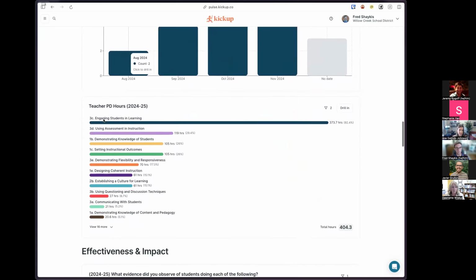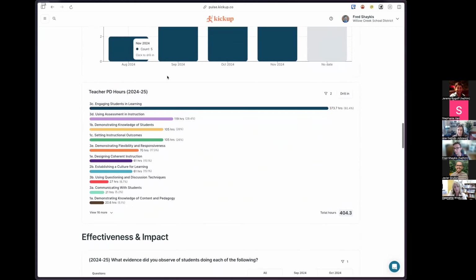And then in terms of attendance, they were able to monitor staff attendance in real time to see to what extent folks were actually engaging with those learning opportunities. Again, they could see that staff were completing more PD around engaging students in learning than other categories, which was a signal that they were on the right track.